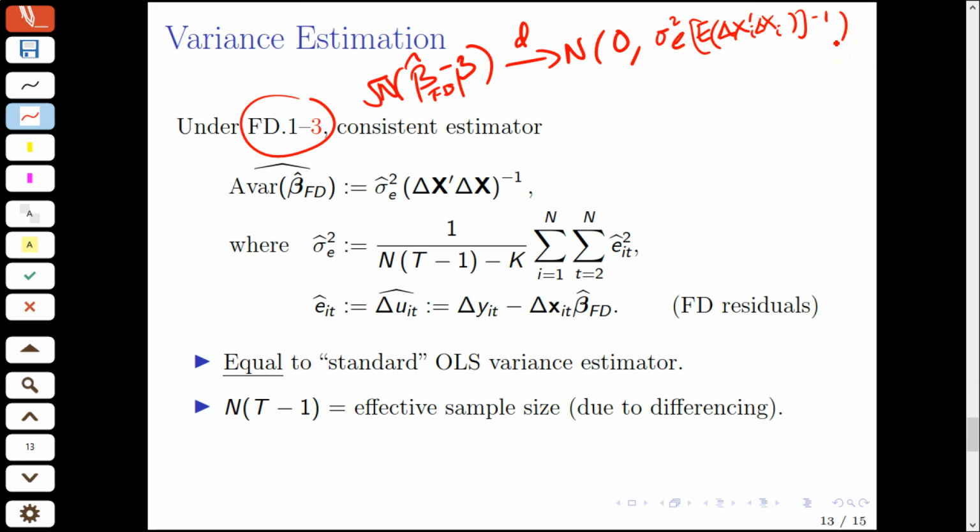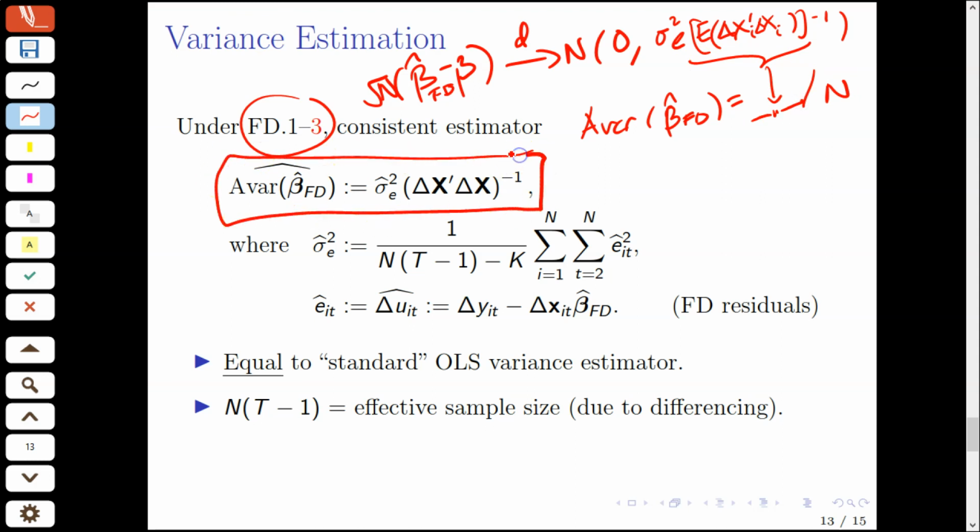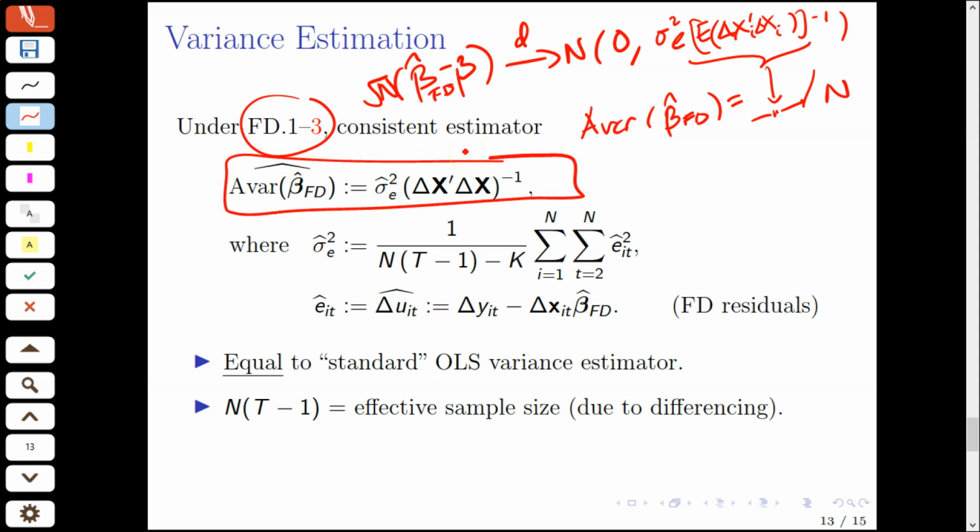Hence, our estimator of the asymptotic variance of the first difference estimator, which here is just this guy divided by n, can be obtained by replacing the expectation by an average and inserting a consistent estimator of sigma squared e. That's exactly what we've highlighted here in the displayed equation.